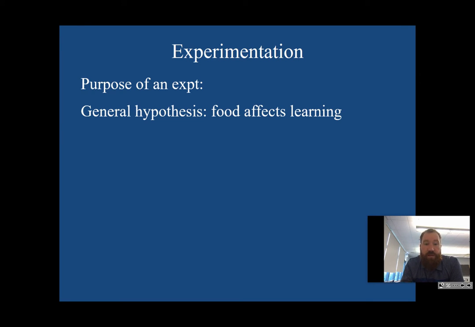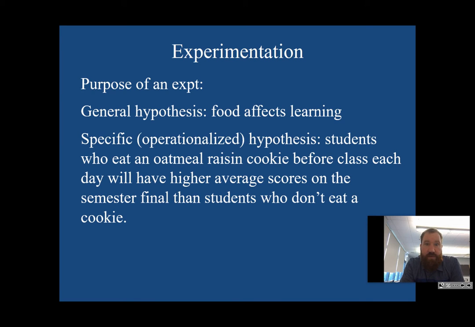So in psychology, and in most sciences, it's important that we have a more specific hypothesis, or to use a psych term, an operationalized hypothesis. We'll talk about this later, and you'll be doing some practice on some worksheets on operational definitions, as they're called. But basically, what you can see from this example is I've defined what food means, which is an oatmeal raisin cookie. And I've defined what learning means, which is higher average scores on the semester final.